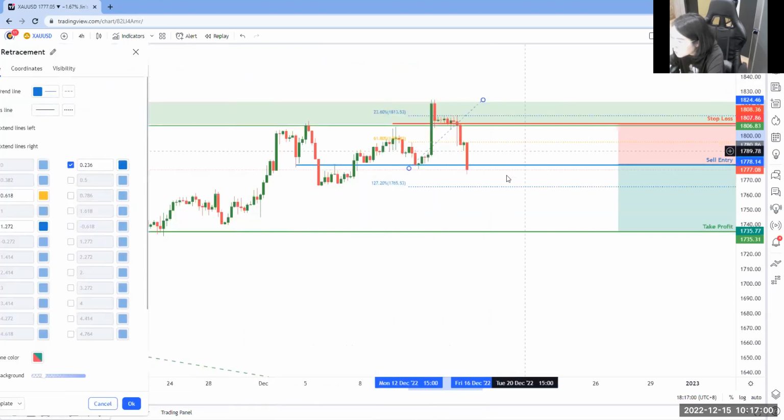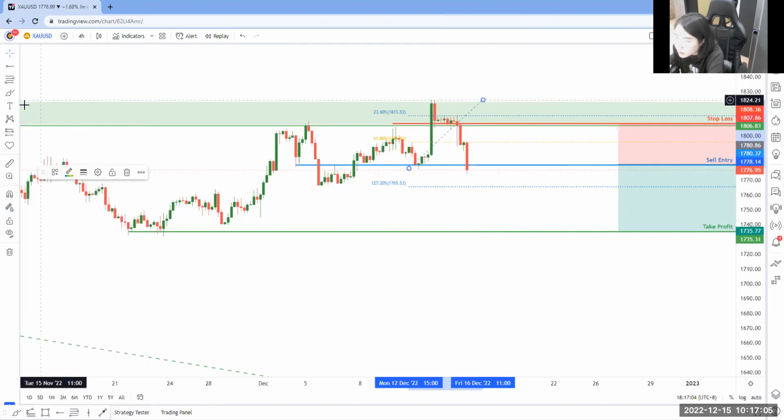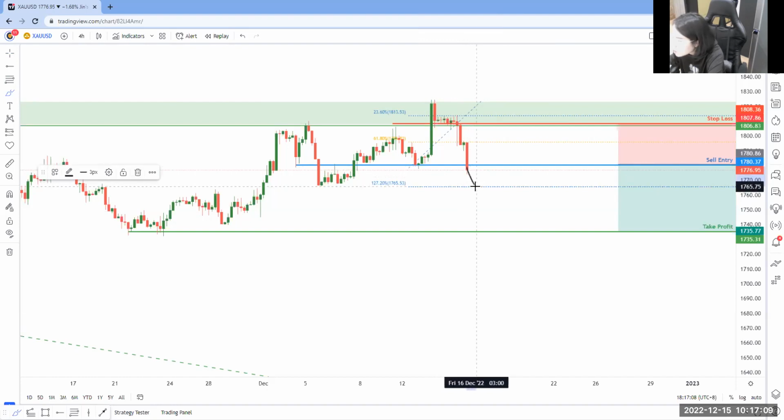Okay, I think gold's gonna break out. Just one look, I think what's gonna happen is gold is gonna break out, kind of stop here, come back and retest, and then here, if the retest is successful, you can enter here for a sell. Okay, what do I mean by a successful retest? A successful retest means that when price gets to this area, you need to wait for a reversal pattern candlestick.